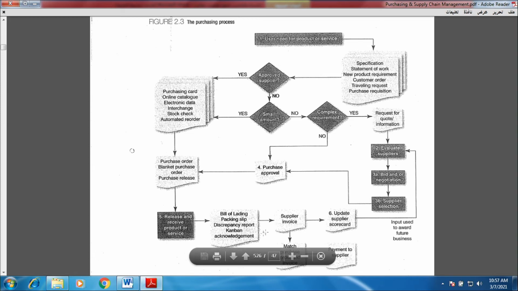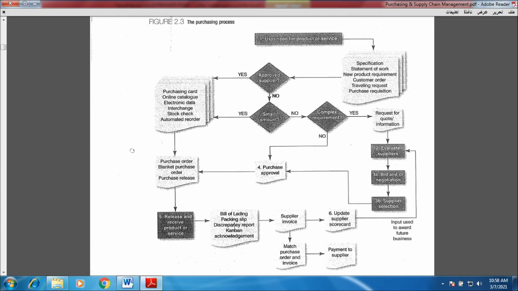So here we have some papers, documents: we have bill of lading, we have the packaging slip, and we have discrepancy report. This report talks about if there are changes, gaps between what is requested and what was sent by the supplier.